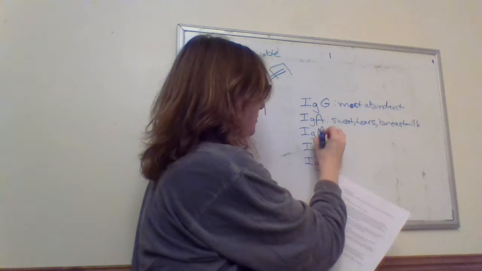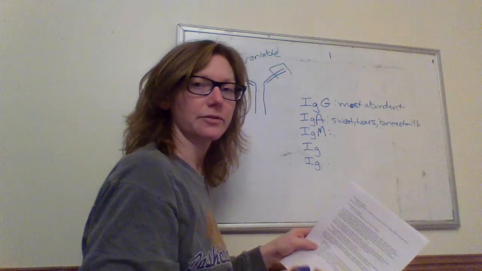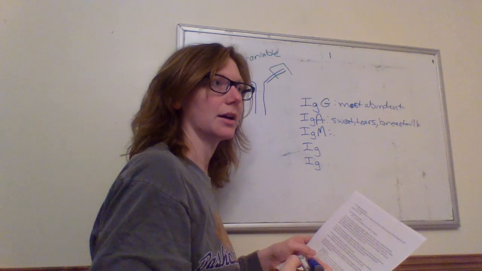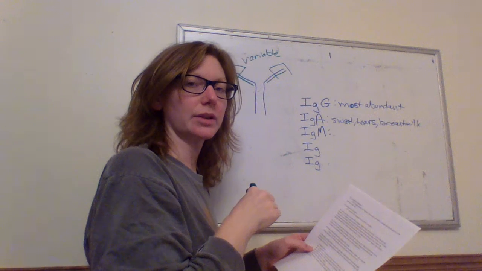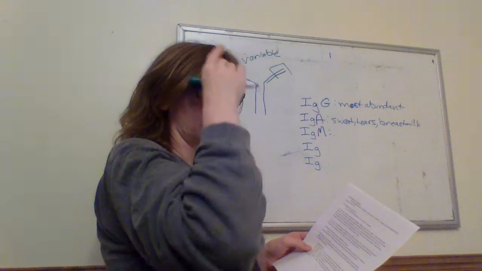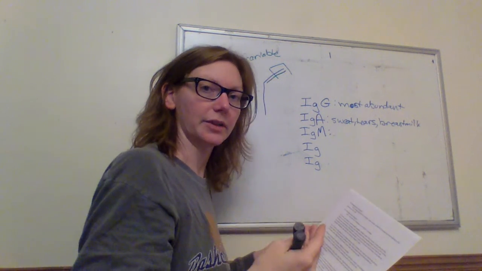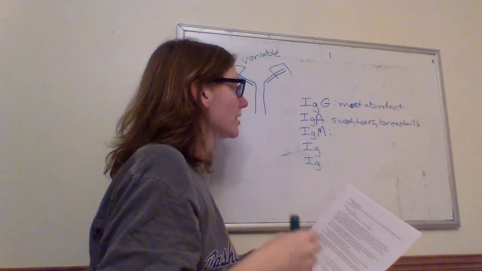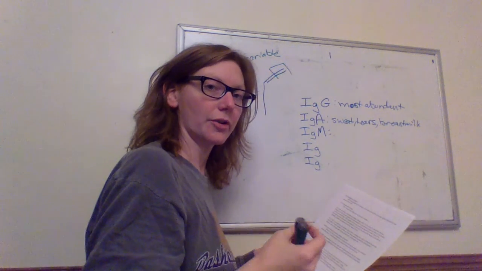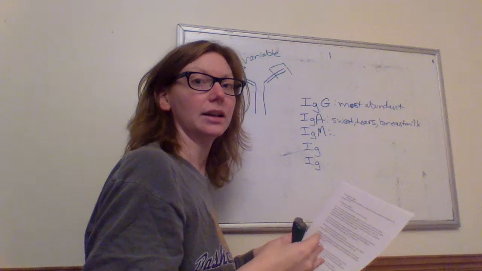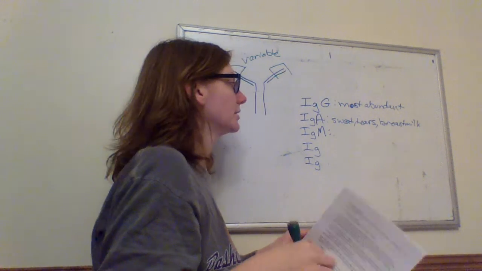IgM, these are kind of the first responders, honestly. When those B cells become activated and become plasma cells, these IgMs are the first line of antibodies that are put out.